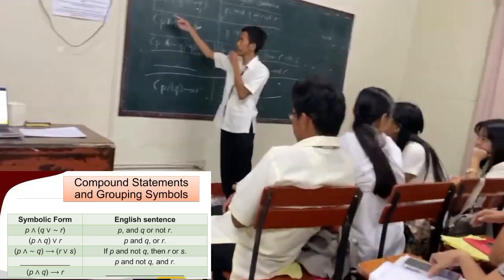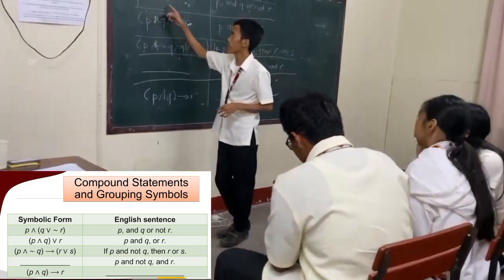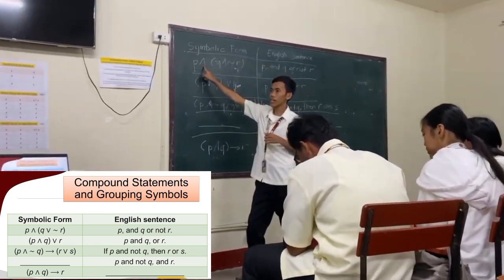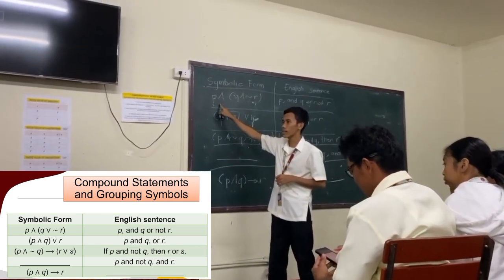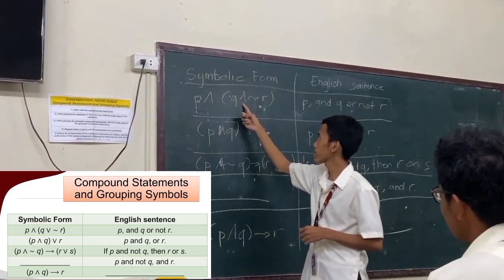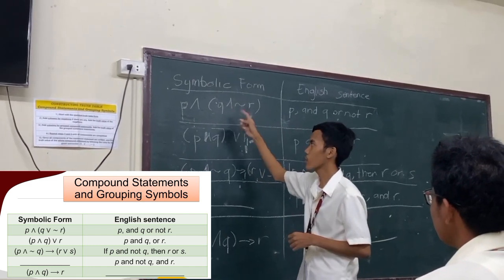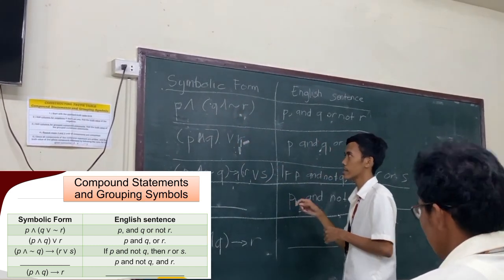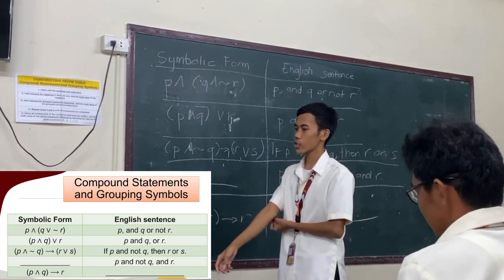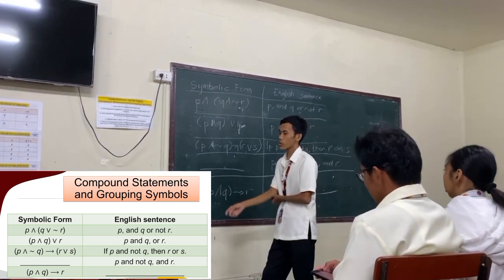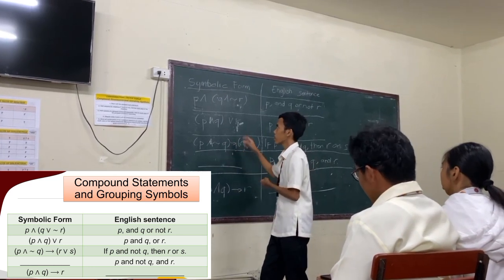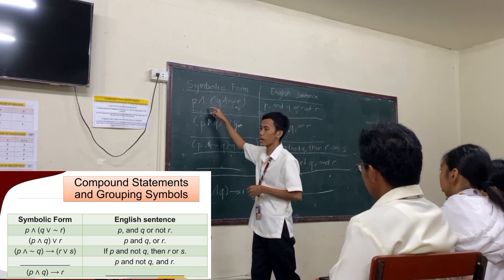Here in our first example, it is a combination of, what is this symbol? And. How about this? And. So there's a combination of conjunction and negation. In order for us to know which statements are grouped together, we will use the parentheses.